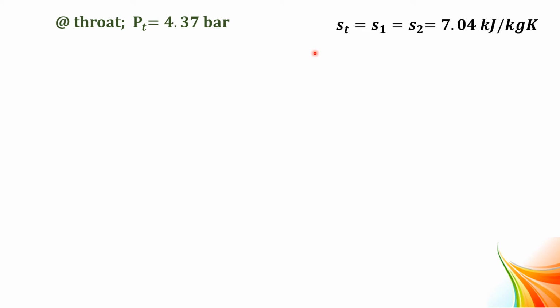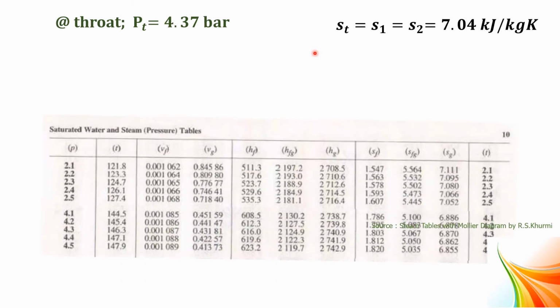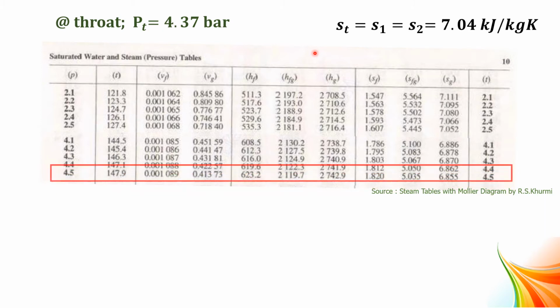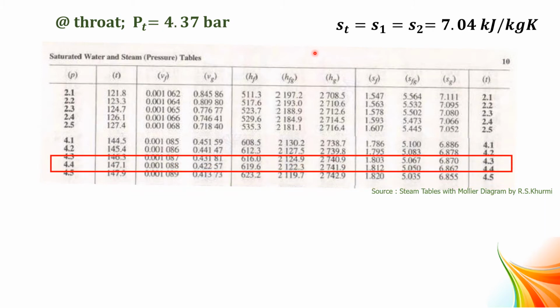At the throat section, we have to find out the quality of steam. For determining the quality of steam, we have to go to the saturated water and steam table corresponding to a pressure of 4.37. The 4.37 is not given in the steam table.